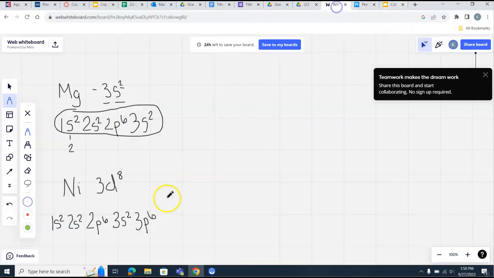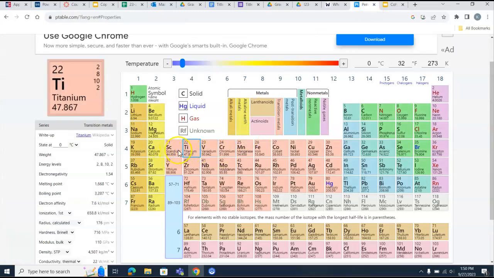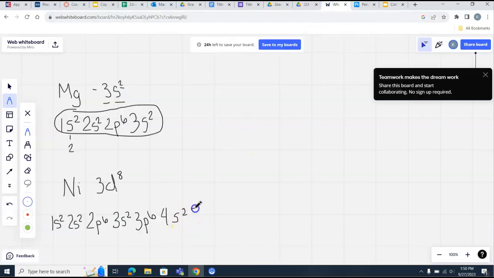So again, that is 4th period, S block, 2 electrons. Now we're getting to nickel, so we're at our transitions, and now we're at our 3d8. And again, we just have to remember for those transition metals, we are subtracting 1 from the period. So it's 3d8.